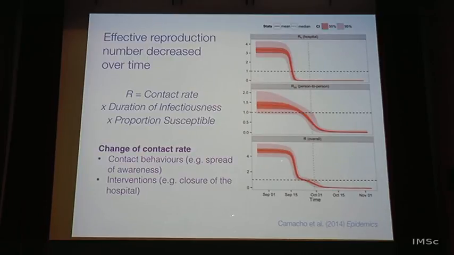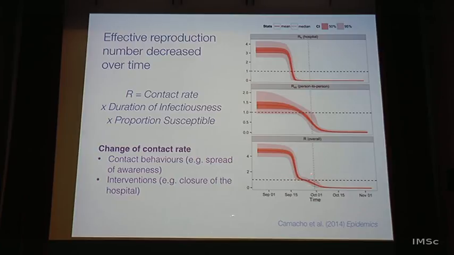So these are my two sigmoids for the hospital transmission and the person-to-person, and this is overall. You see that overall you start above 4, as I showed before, and then you quickly drop here around September 15, but you're still above 1, so you're not yet under control.